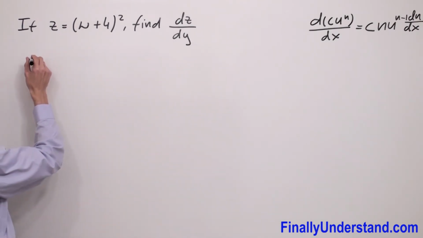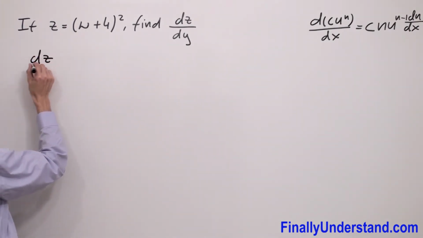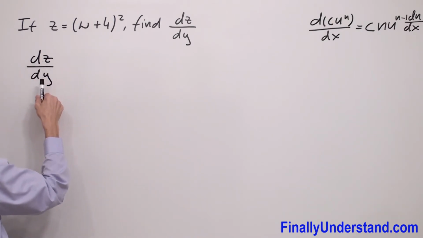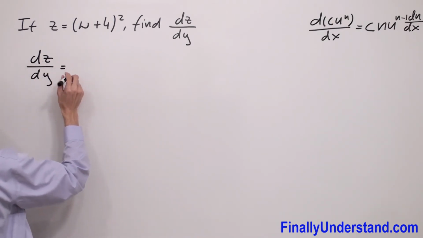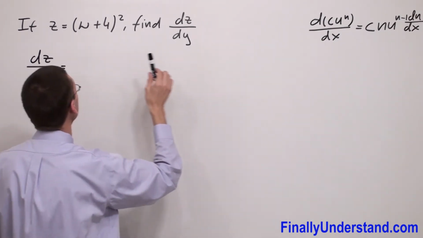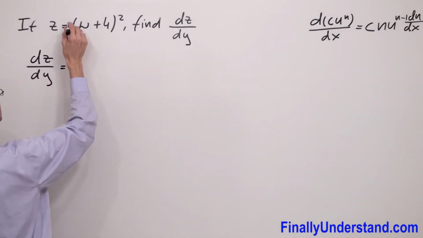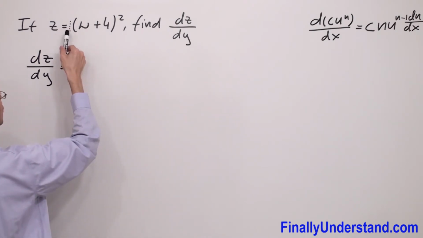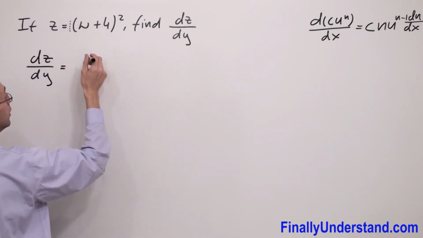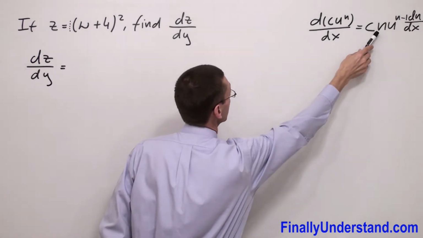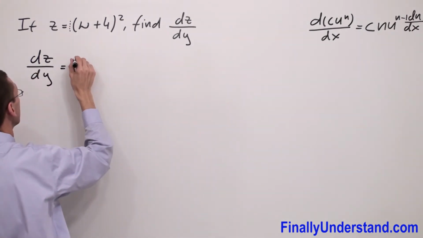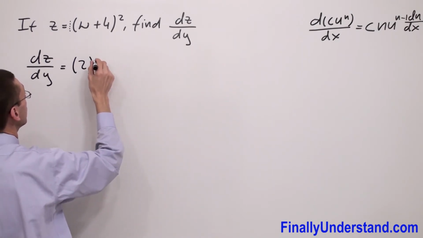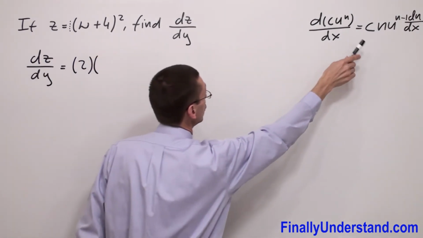Simply write dz over dy, the derivative of function z with respect to y, is equal to... I have to use this formula again. Remember, anytime I have no constant, there is always an invisible one. So we have to write always the constant, but because the constant is 1, I'm not going to write it, times the exponent n, so I have 2, and I have u.